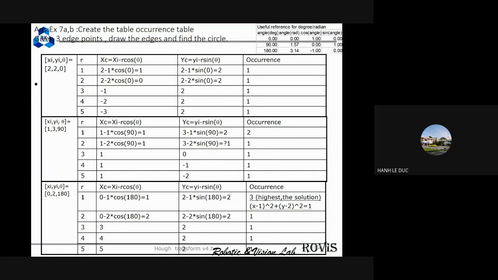The procedure is similar to the Hough line, okay? Just calculate the number of times xc and yc appear. So it appears 1 here. The result is similar, so the xc yc appears 2. This one, oh okay, it also appears one more time. So it's either 3 times.